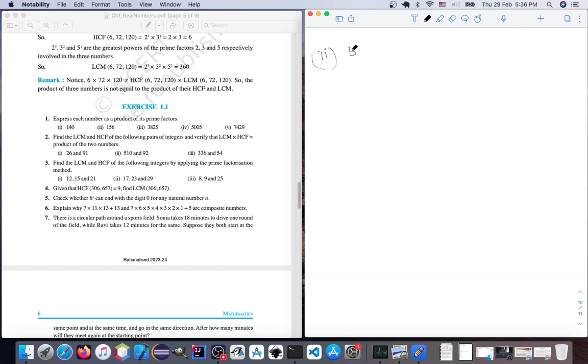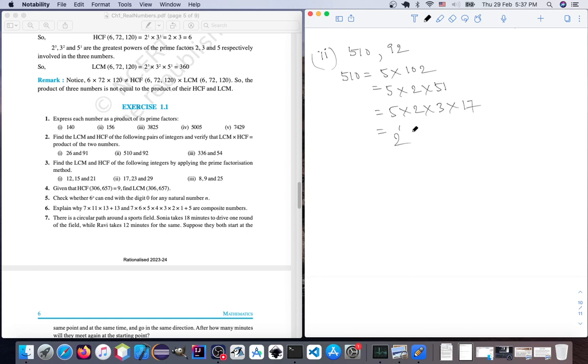Number 2, 510 and 92. We have to first find the prime factorization. 510 is 5 into 102. Now, this is 5 into 2 into 51. This is 5 into 2 into 3 into 17.